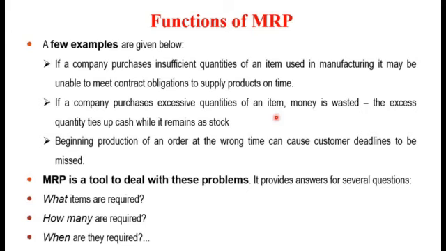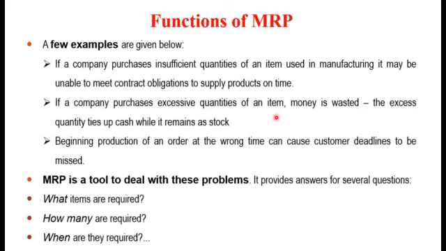Beginning the production of an order at the wrong time can cause customer deadlines to be missed. If a wrong decision is taken in the production schedule, it may cause the customer's deadline to be missed. These are some of the examples.